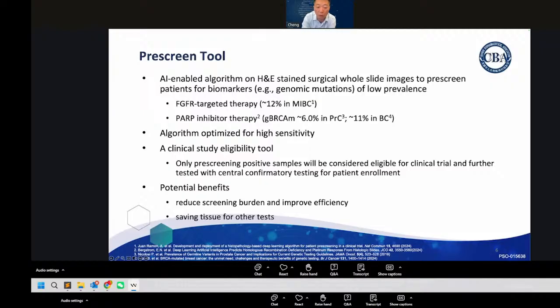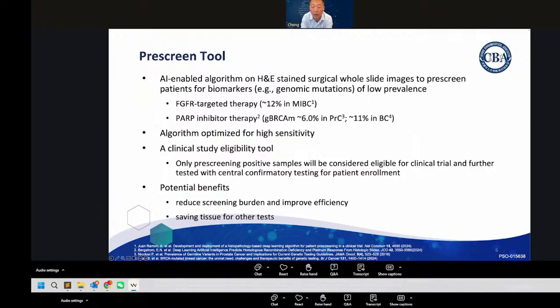Let's say the pre-screening tool is optimized for high sensitivity, for example, if the model can achieve 97% sensitivity, that means the tool can catch 97% of the true mutation carriers.